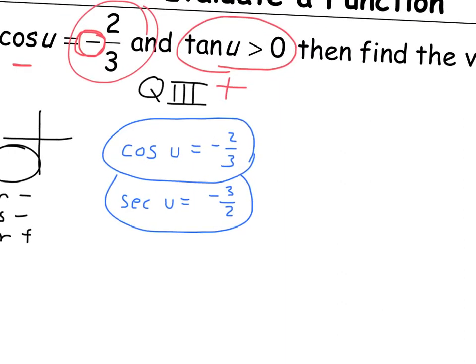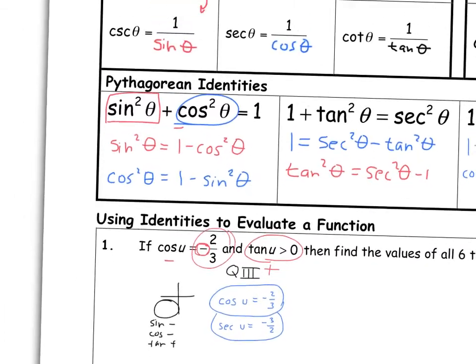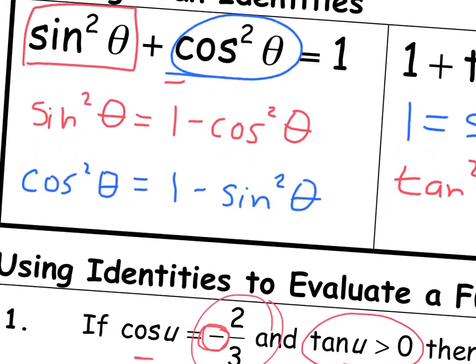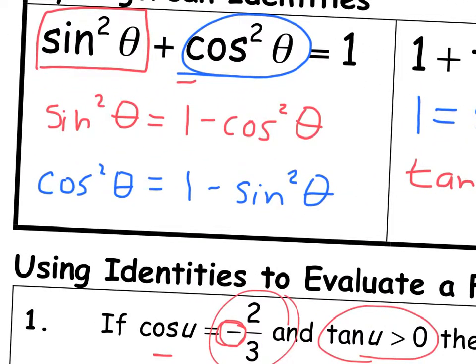Okay, now using either one of these, we can, up here, find something else. So notice, for example, I need to find sine. So I'll just use this one here. I'll square the cosine evaluation, the negative 2/3, subtract it from 1, and then of course I have to get rid of that square too.